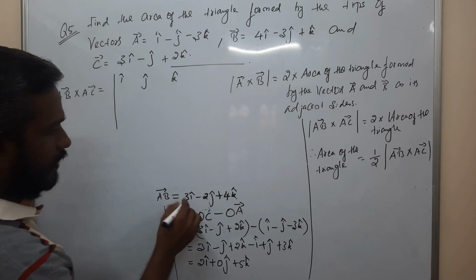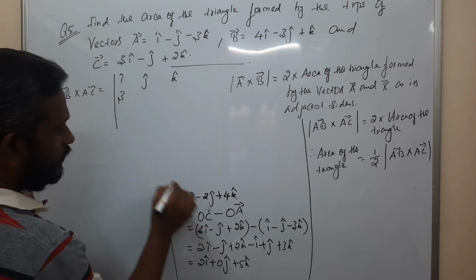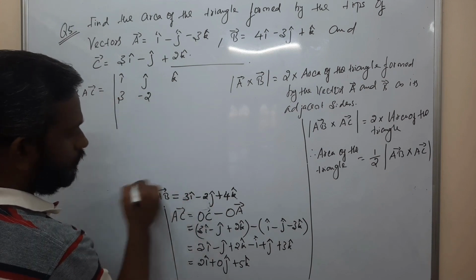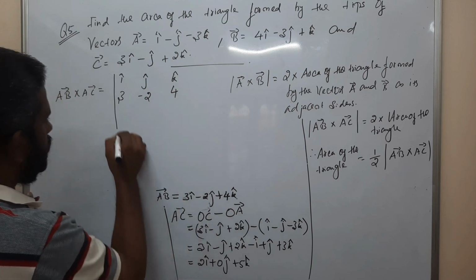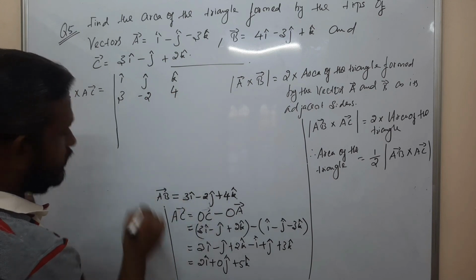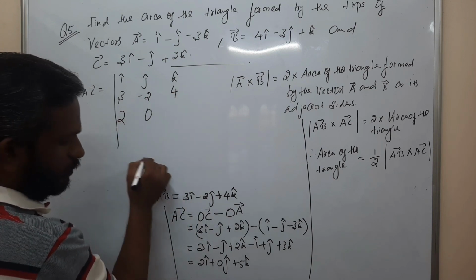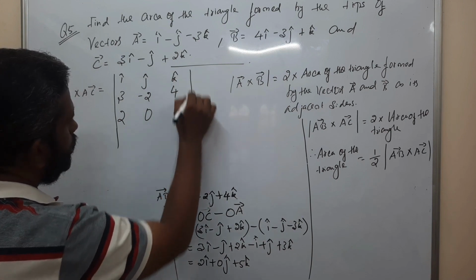AB vector, that is 3, minus 2, 4. What is the AC vector? That is 2, 0, 5.